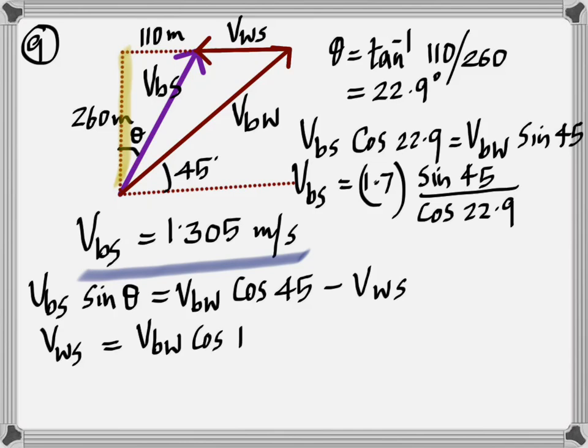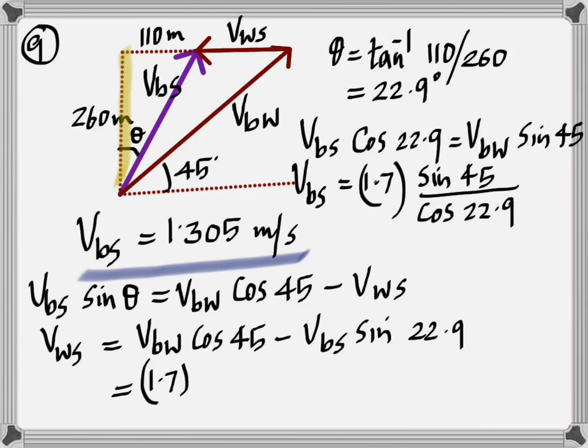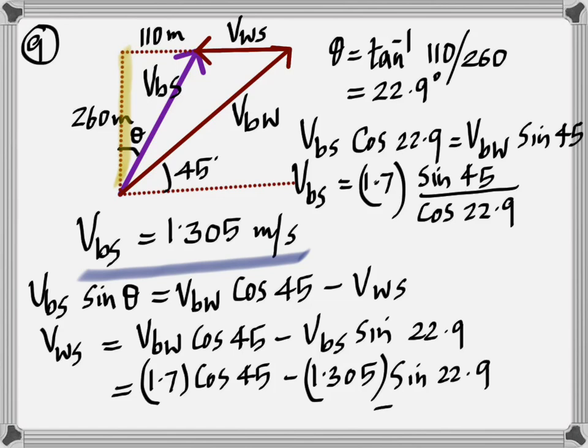And when you go back home and look at it, you should understand. The rest is just math. And we get 0.7 meter per second as the speed of the water with respect to the shore. Isn't that what we were asked to find? Yes.